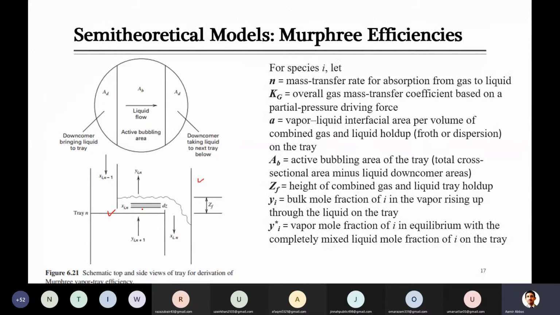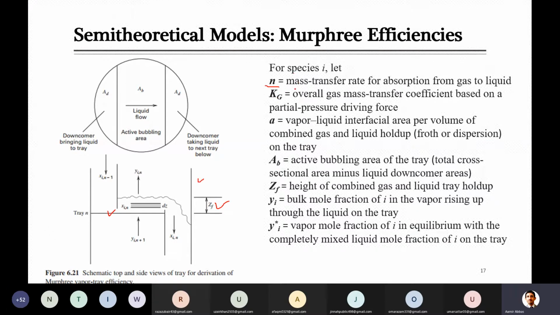When liquid and vapor come in contact with each other, the liquid leaves from this. The area where liquid and vapor are in contact and froth formation takes place, they took its height as ZF. So here are a few factors like N that we will use later when we jump to the next equation on the next slide.